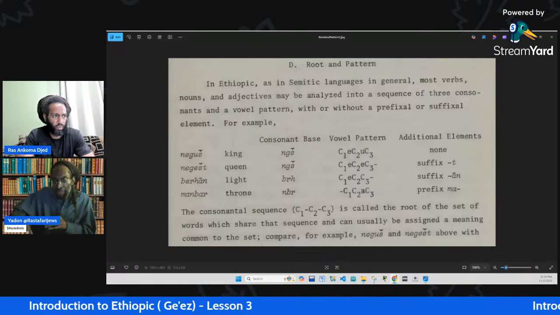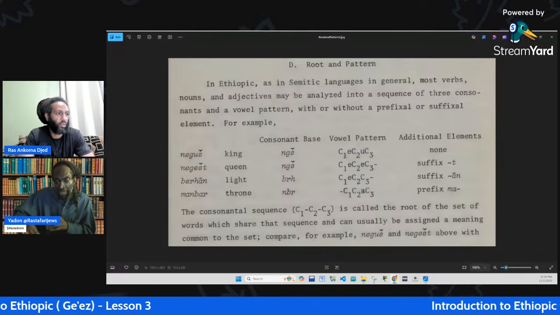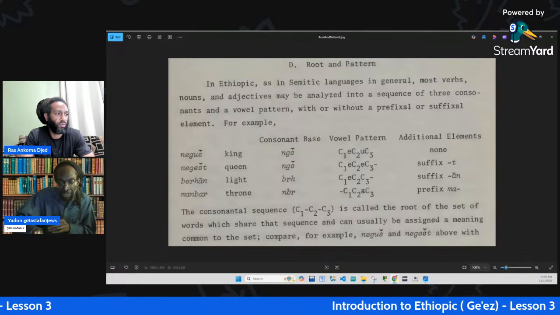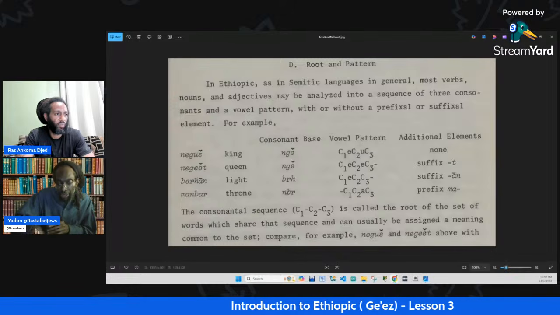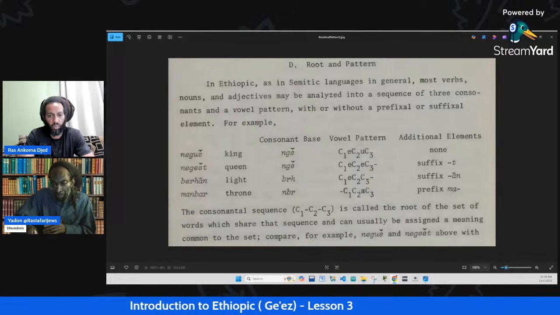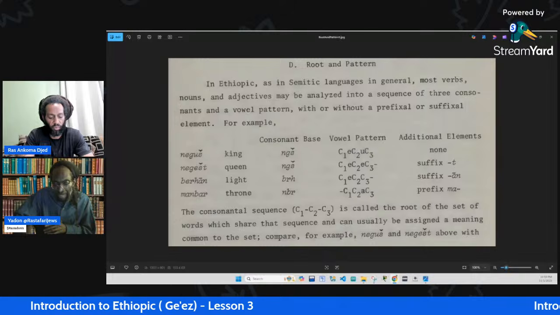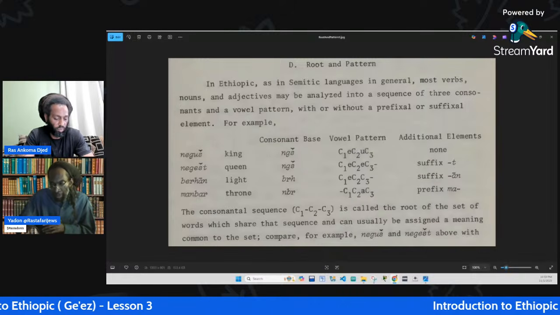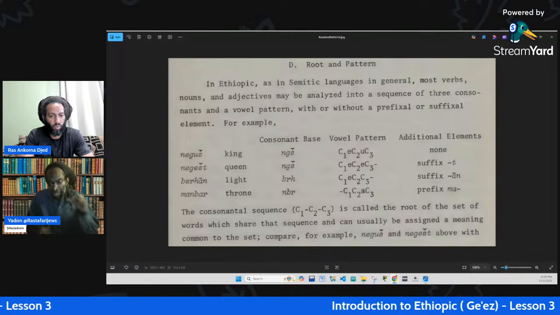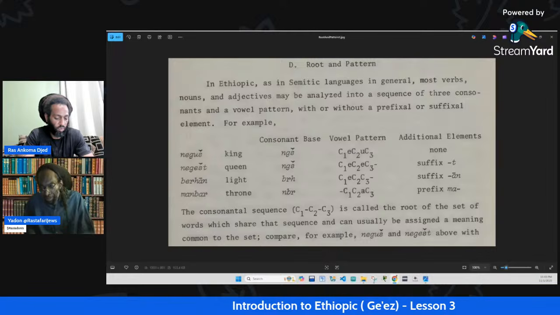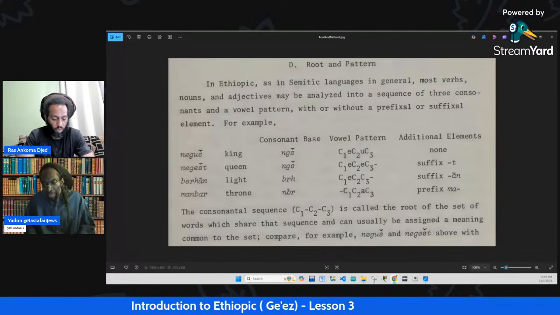So the next is the vowel pattern. Breaking down this particular word, negush, king, with the N, the G, and the S or the SH sound, you see under the vowel pattern there's a C. The C is the consonant, and then it has one.